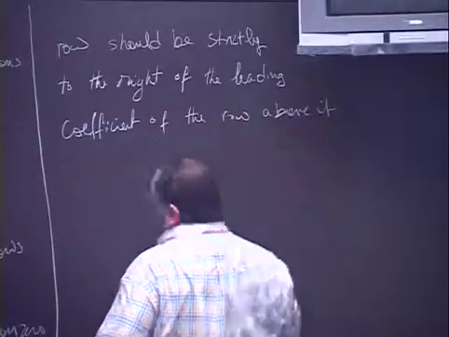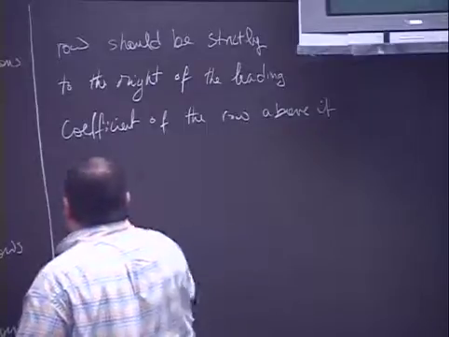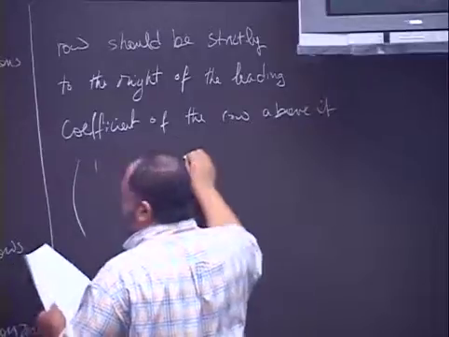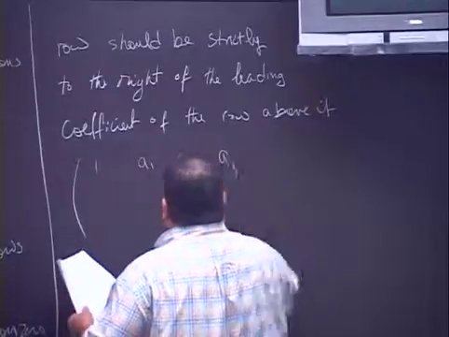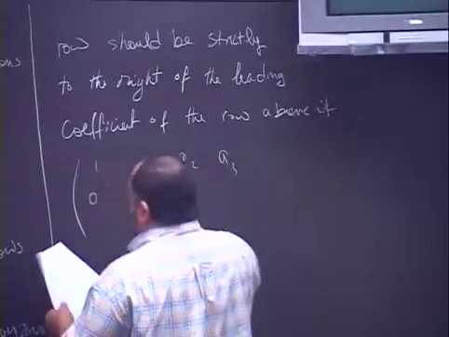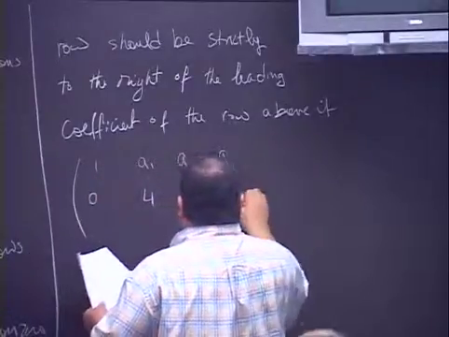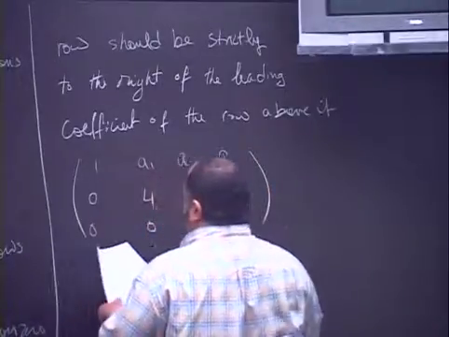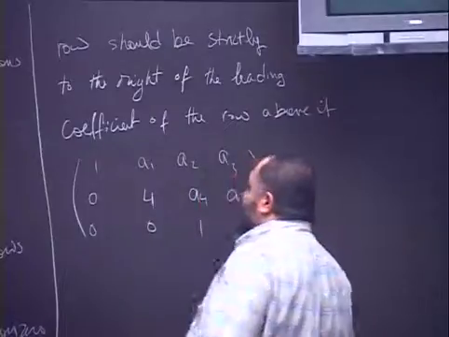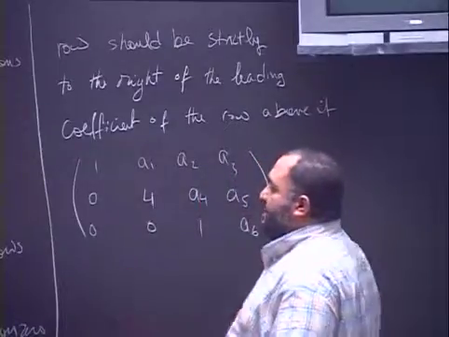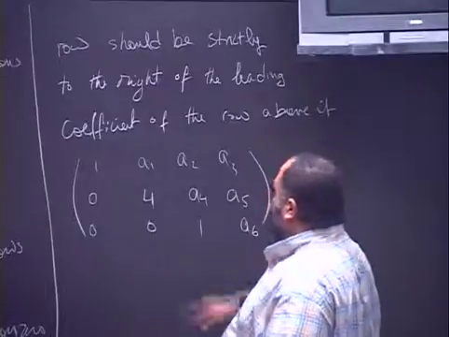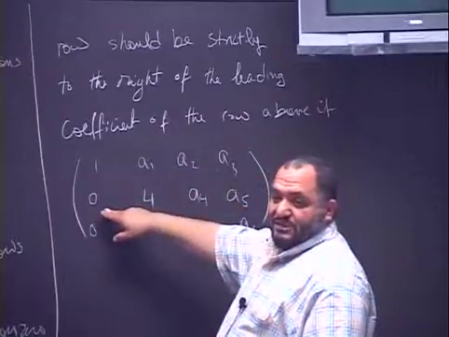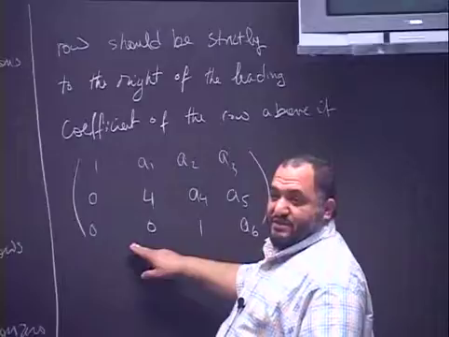To give you an example of an echelon matrix, 3 by 4, something like 1, A1, A2, A3, 0, 4, A4, A5, 0, 0, 1, A6. So all non-zero rows are above the zero rows. This one does not have any zero, it came above this one that has 1 zero, and this one came above the one that has 2 zeros.